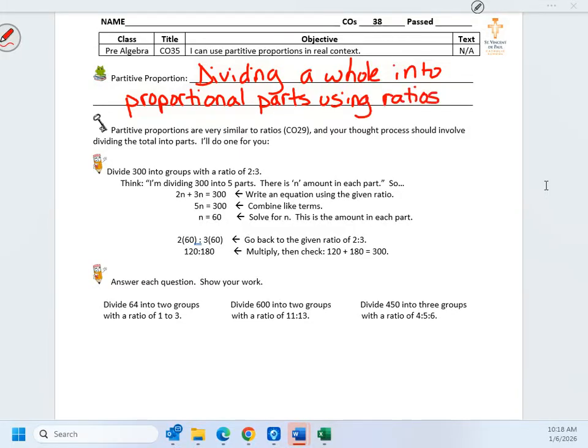So we know ratios. We're going to be working with those ratios in a new way. So partitive proportions are very similar to ratios, objective CO29.